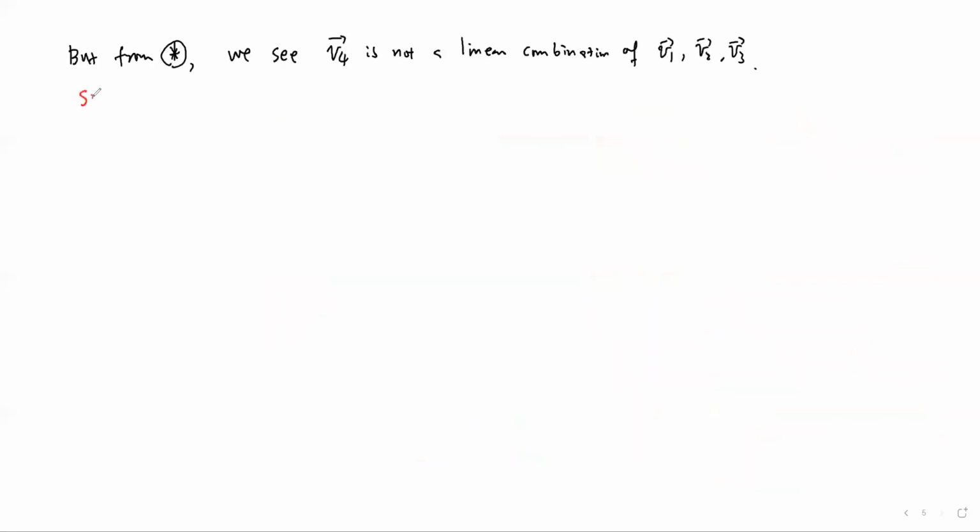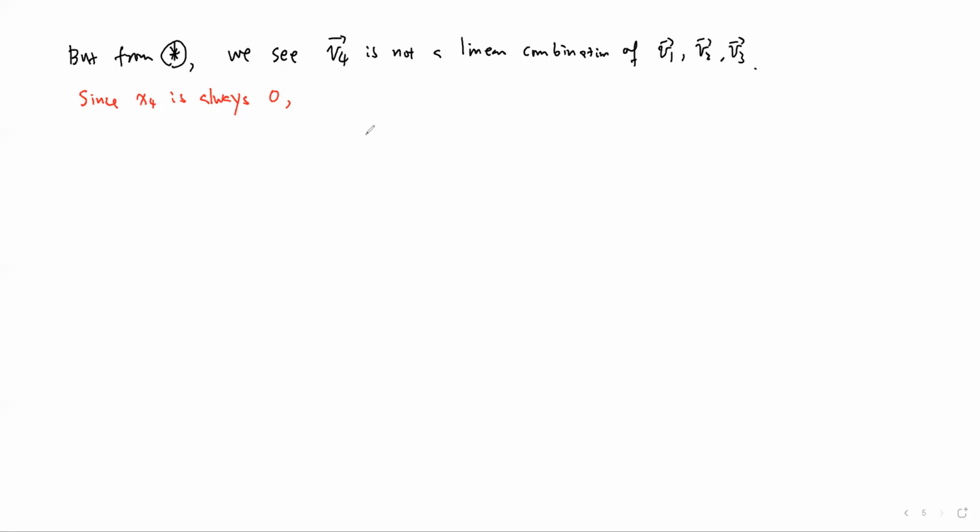Since X4 is always 0, no matter what particular solutions that you pick, the coefficient of V4 is always 0. That means that V4 always is not a linear combination of V1, V2, and V3.